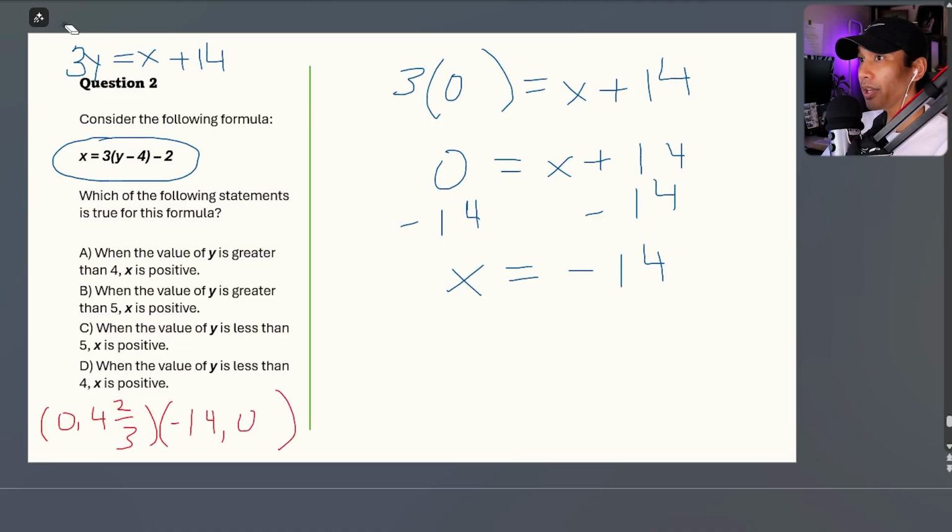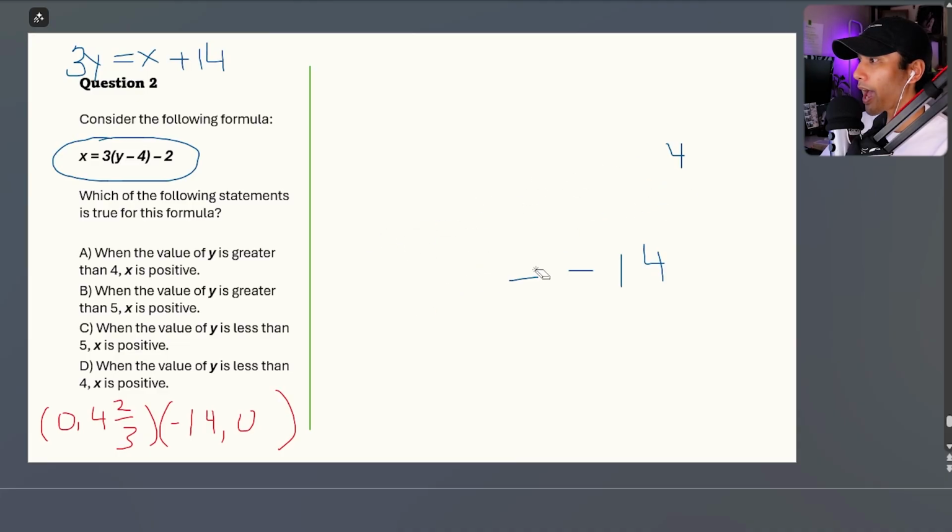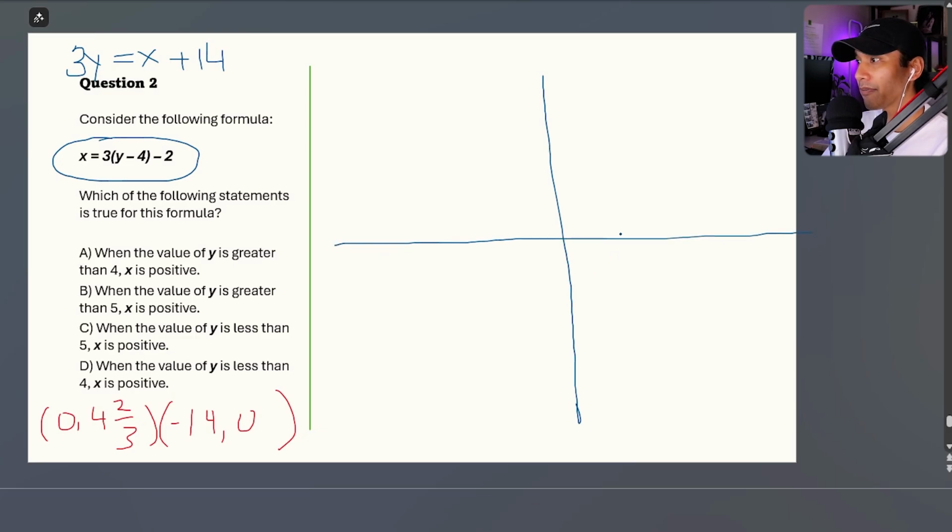Now we have everything that we need to graph. Bear with me as I draw this graph. Before, I made the graph and put in the little tick marks, but now I'm not going to do that, because I want to show you that you don't need to make your graph all perfect. We have (0, 4 2/3).